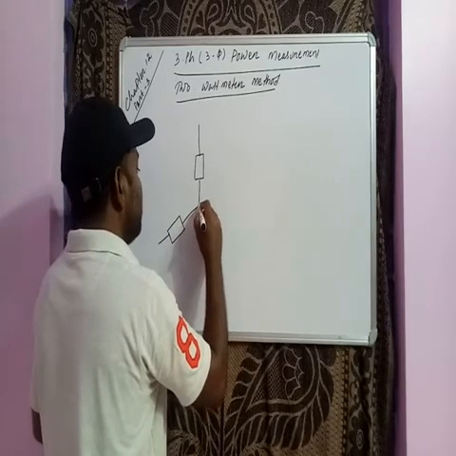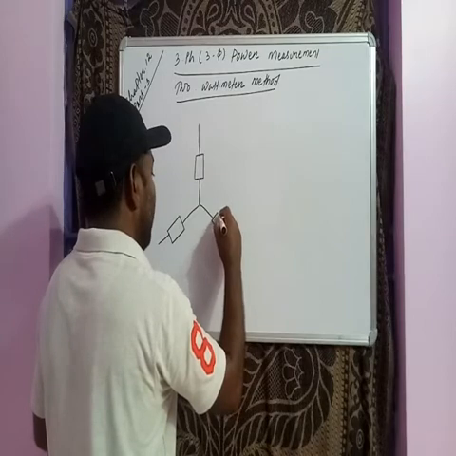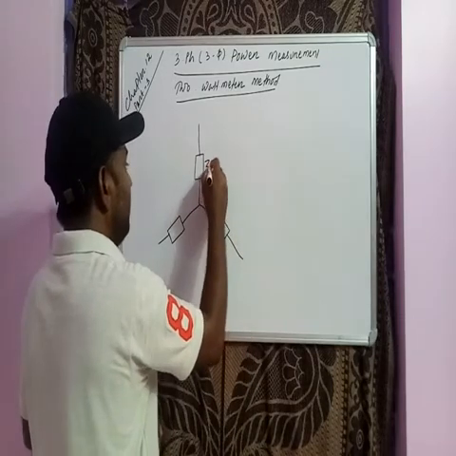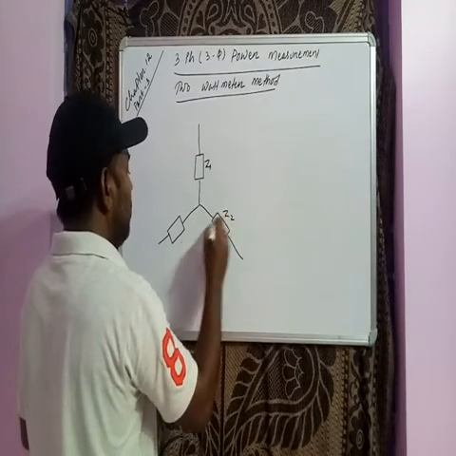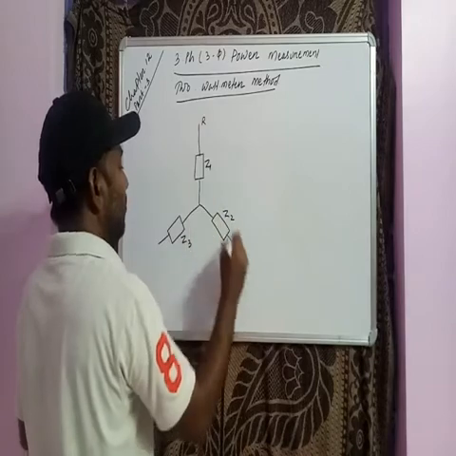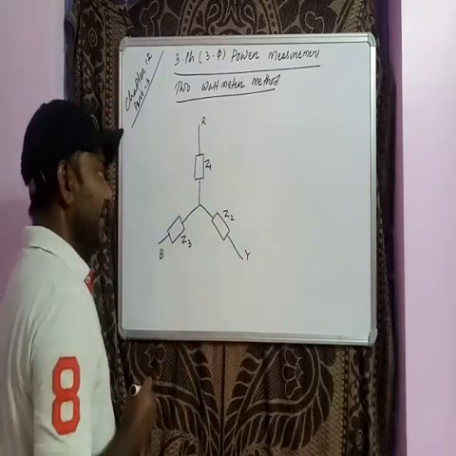As you know, it is used for both balanced and unbalanced, but we are only considering the balanced system. Z1, Z2, Z3. So this is R, Y and B, right?